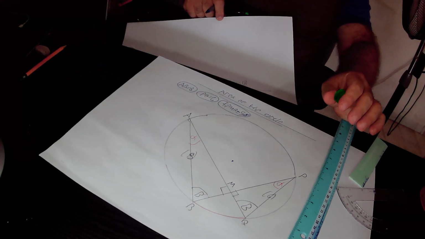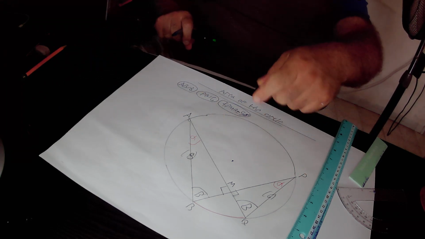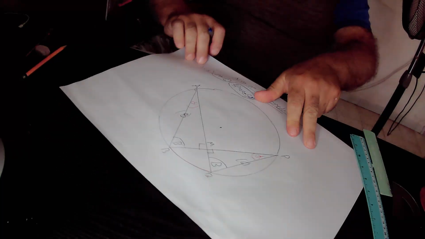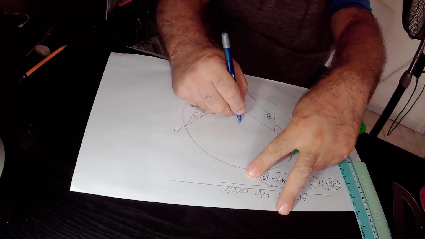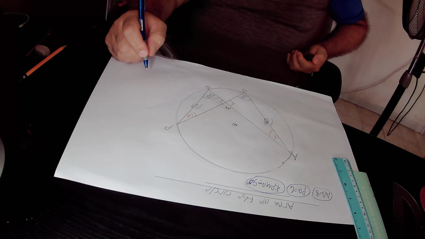In the next step, we define the center of this circle. This point is point O. And what is a central angle?